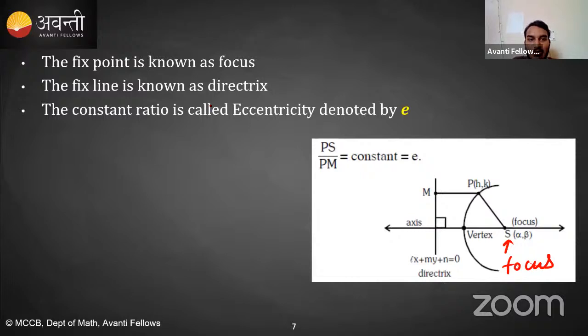And the fixed line, lx plus my plus n equal to 0, is known as the directrix. And the ratio PS upon PM, which we denoted by e, is also known as the eccentricity.